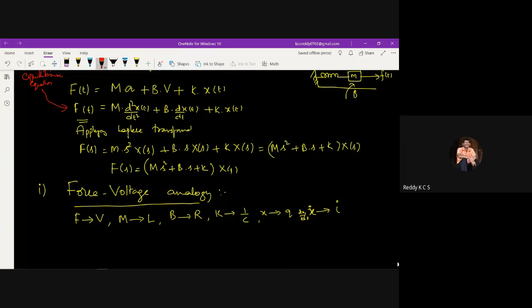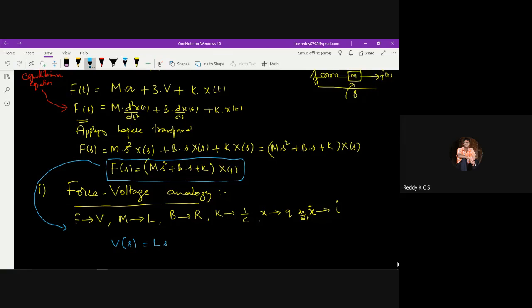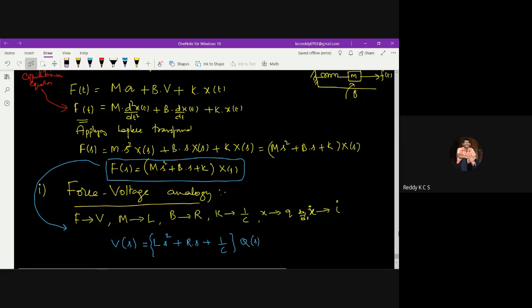Substituting, force is V(s), and m is replaced with L, so I get L s² plus b is replaced with R, so R s, plus k is replaced with the constant 1 by C. X(s) is replaced with Q(s). So this is the equation with all these elements replaced.